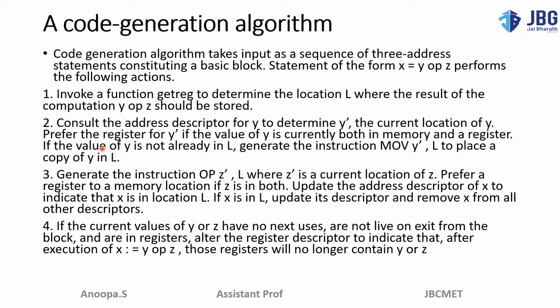Why? In the previous slide we saw that if the register content is already that value, we can just perform a single operation for addition. So that is why we want to move that particular value to the location L, so that after performing that operation the result will be in L. Generate the instruction operate z dash comma L, where z dash is the current location of z.